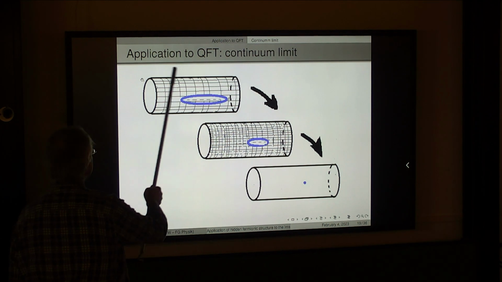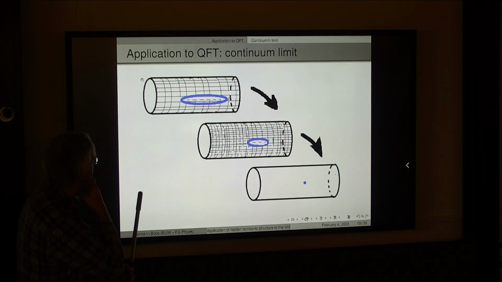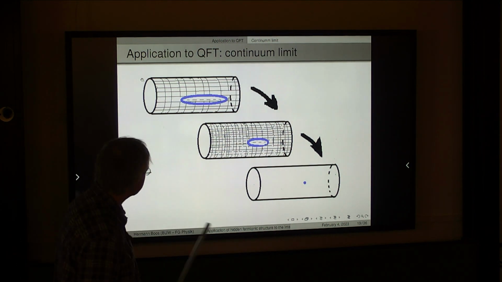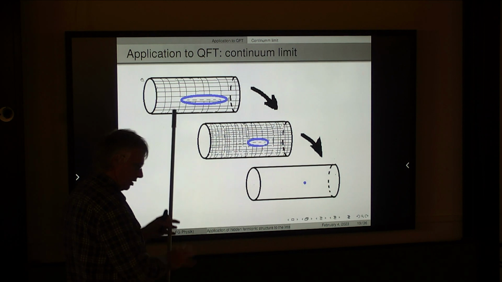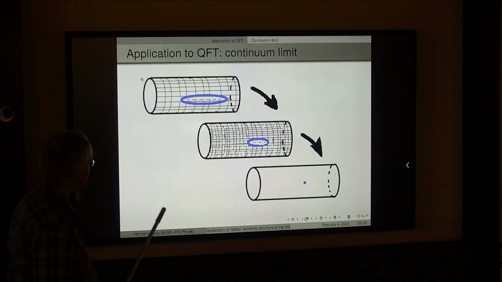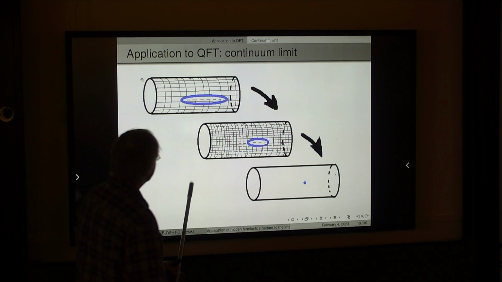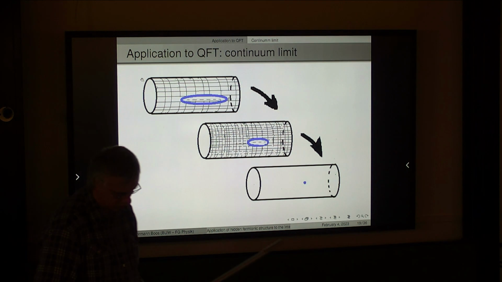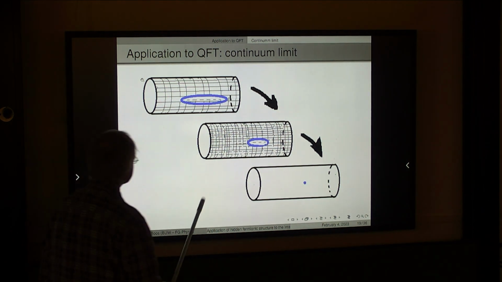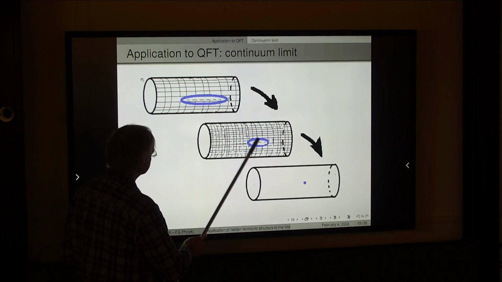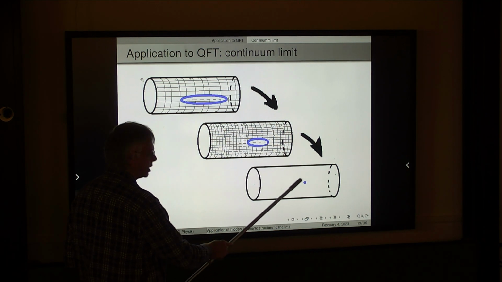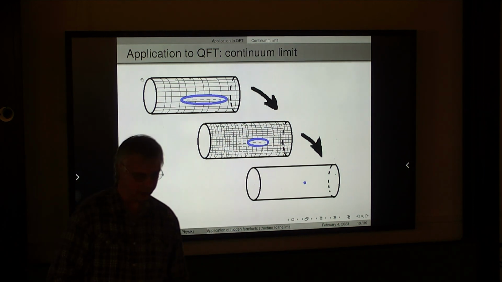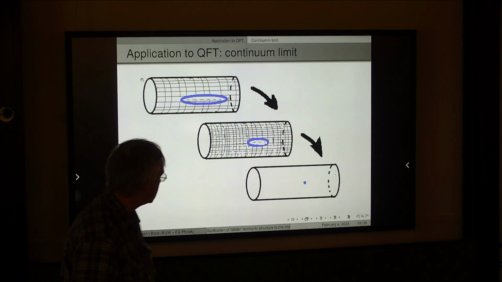So now I come to application to quantum field theory. What happens if we take the continuum limit? Our lattice becomes more and more dense. And you remember the scat corresponds to the local operator we plug in. In this limit, it becomes concentrated at one point, actually. So this operator will be local in the sense of quantum field theory.